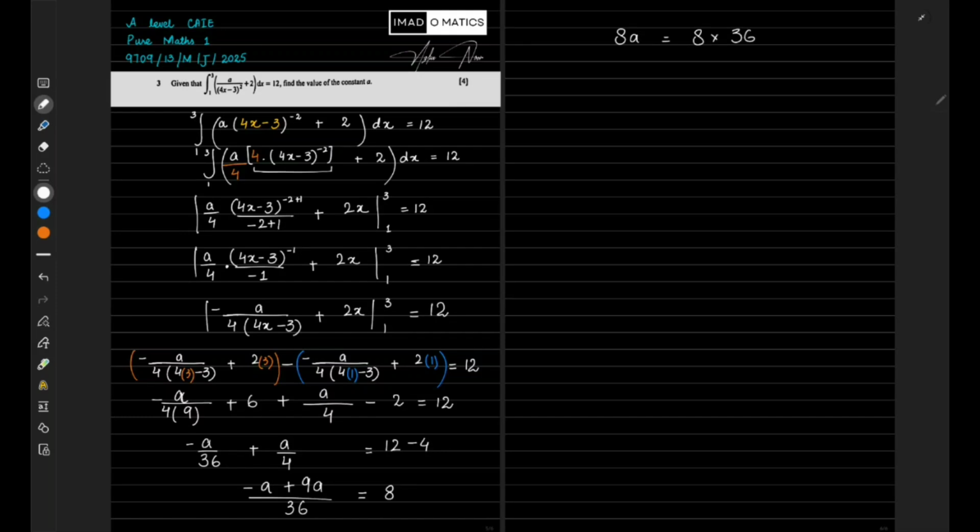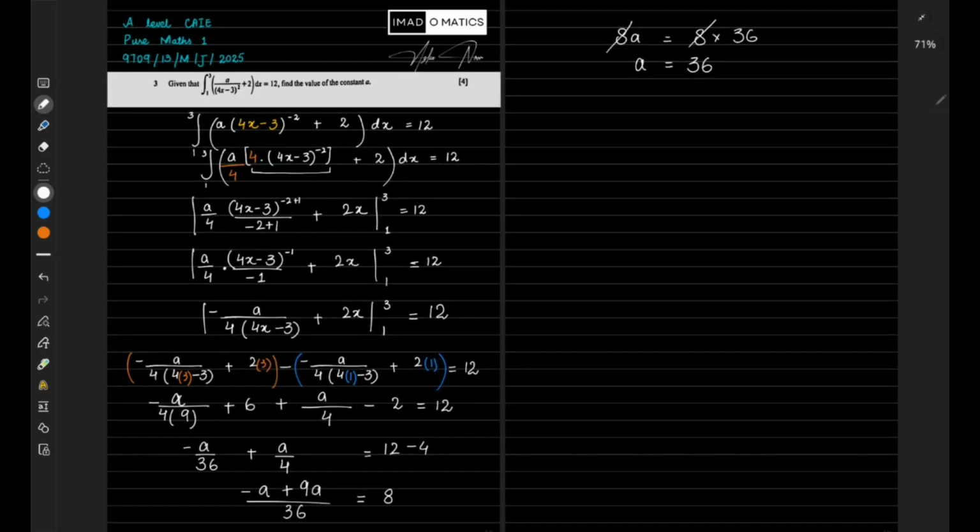When we cross multiply, this is what we get. And I'm not multiplying 8 with 36. I am just cancelling 8 on both sides, or you can say dividing both sides by 8. That gives you a equals 36. So this is your whole working, where they said find the value of the constant a, and you found it to be 36.